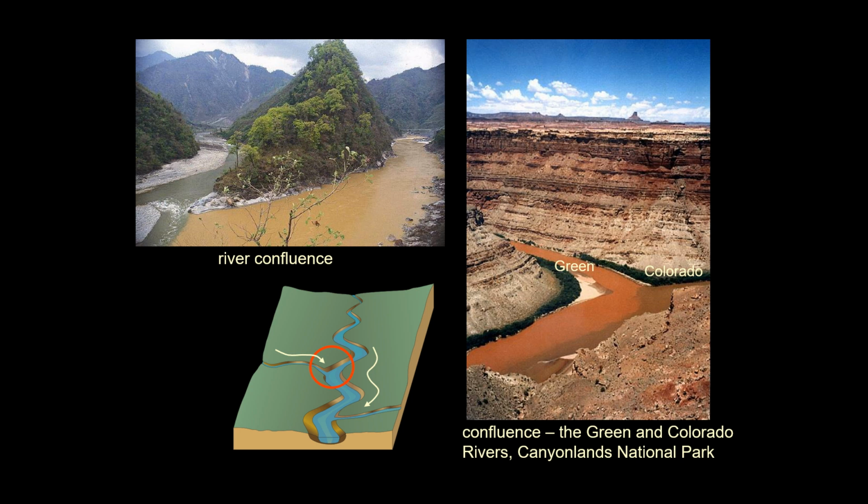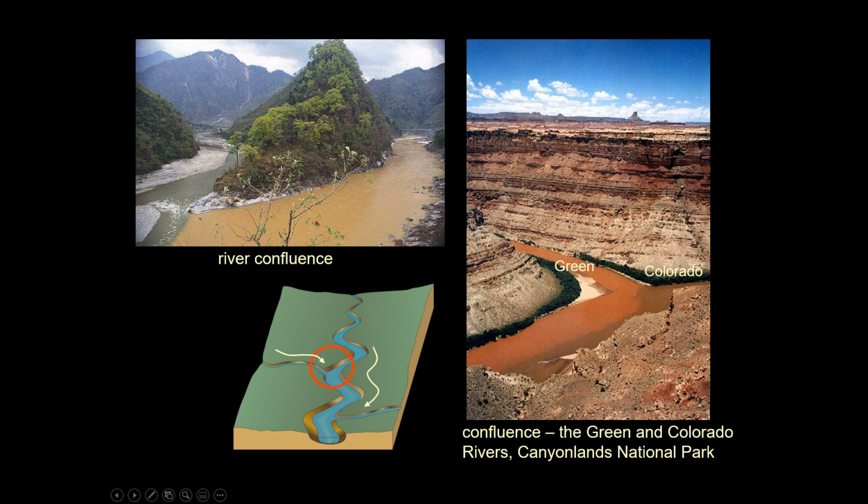But that didn't happen in the case of the Colorado and Green. Somebody made a mistake, and we ended up calling the river downstream of the Colorado-Green confluence the Colorado River instead of the Green, and the Green was the bigger river in terms of flow. So it's just a bit of an accident there.